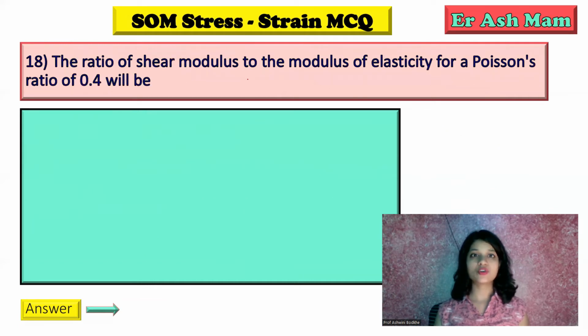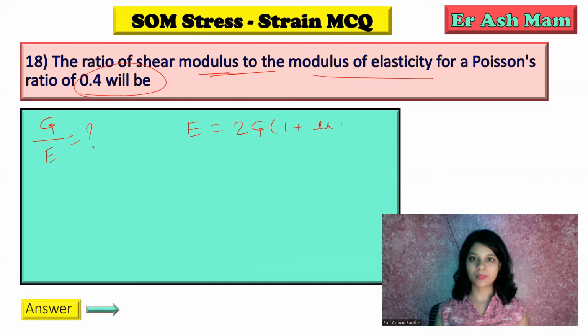Next, the ratio of shear modulus to modulus of elasticity for Poisson's ratio of 0.4 will be. This is a numerical. We have to find the ratio of shear modulus G to modulus of elasticity E. We know the relation between E and G: E equals 2G into (1 plus mu).